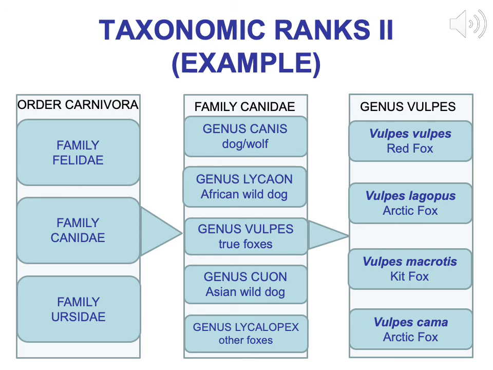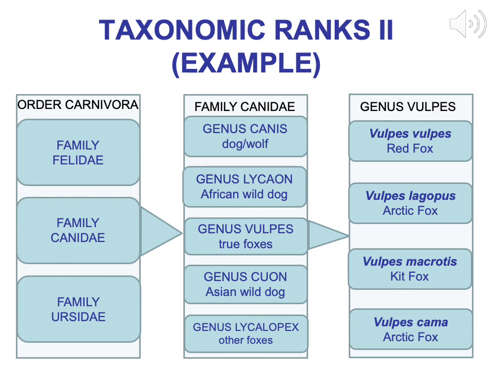And you'll see within the family Canidae, I have exploded that into 5 different genera. The genus Canis, which are dogs and wolves, the genus Lycaon, which are the African wild dogs, the genus Vulpes, which are the true foxes, the genus Cuon, the Asian wild dog, and the genus Lycalopex, which include all other foxes.